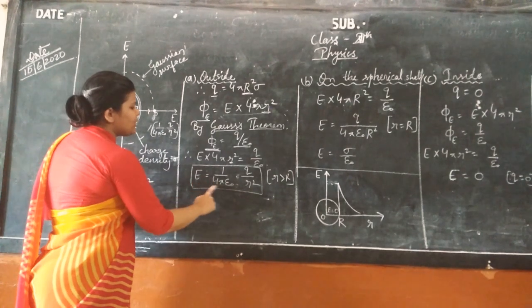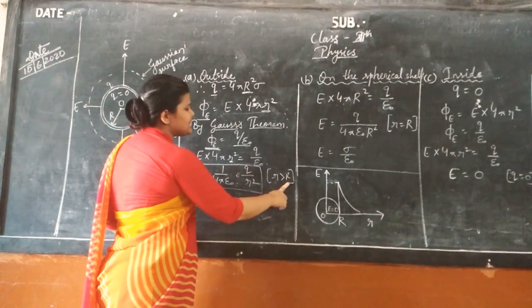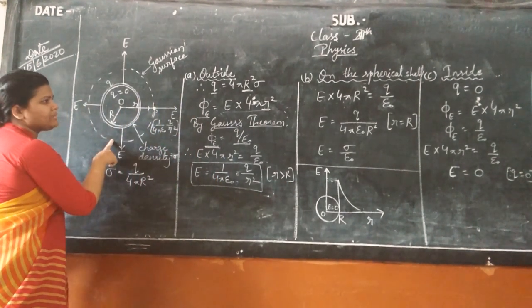So E equals to 1 upon 4 pi epsilon naught into Q upon R square, where small r is greater than capital R, which you can see from this diagram.